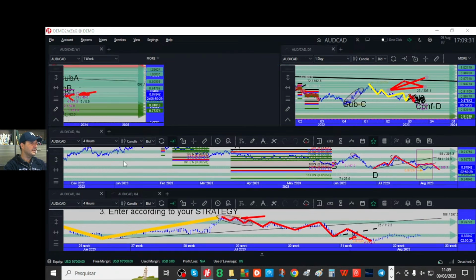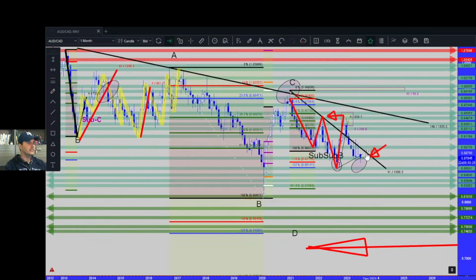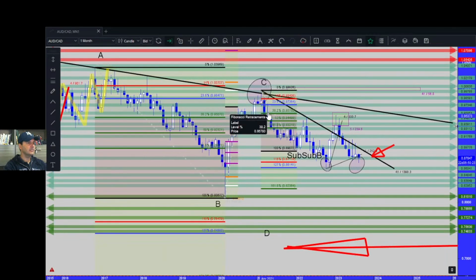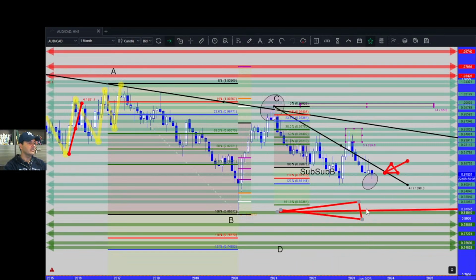Alright, so if we go on the monthly chart, and I'm going to delete a few things, everybody, ABCD. Anyways, here you have the contrarian Fibonacci, everybody.